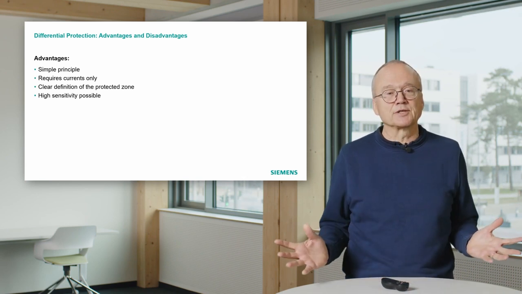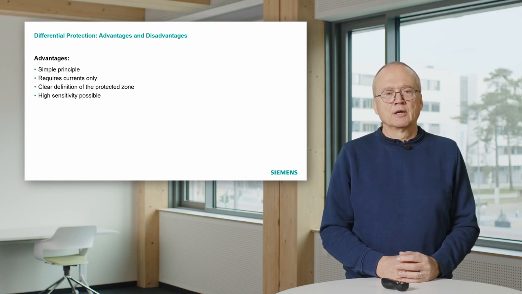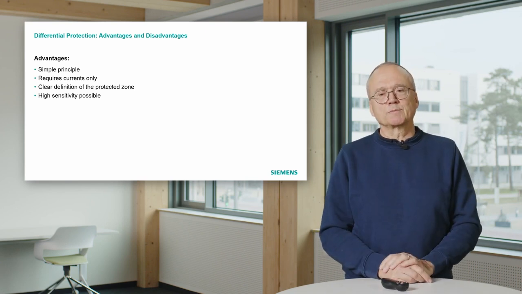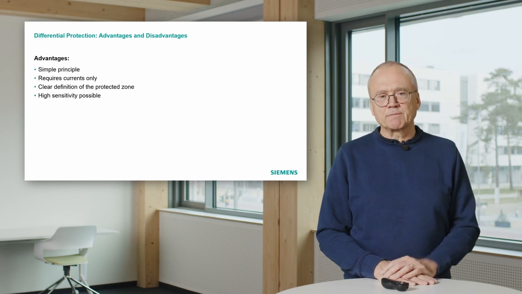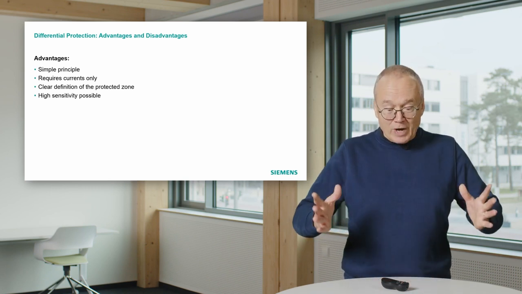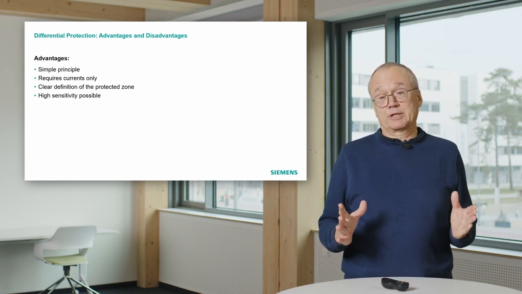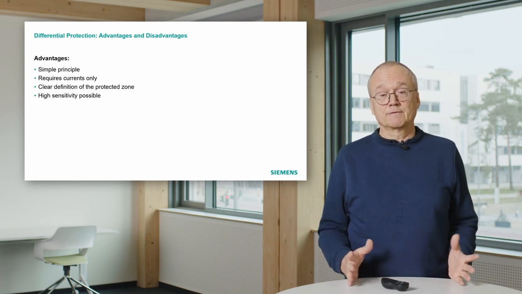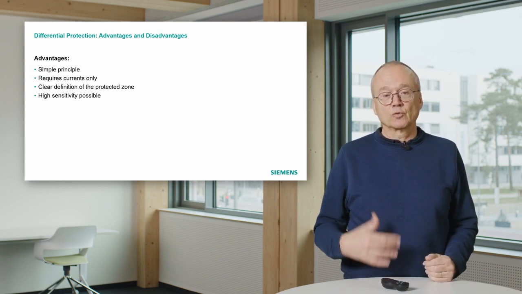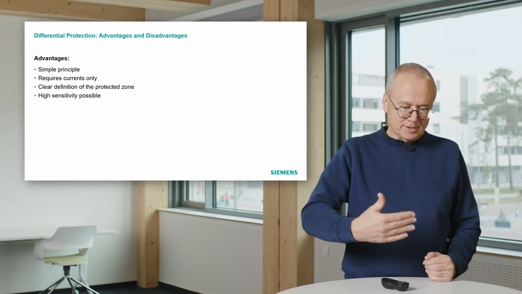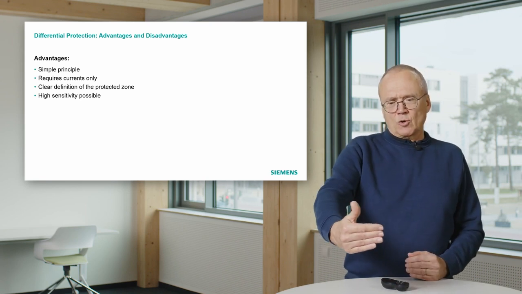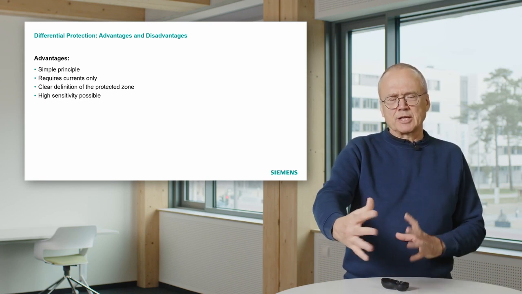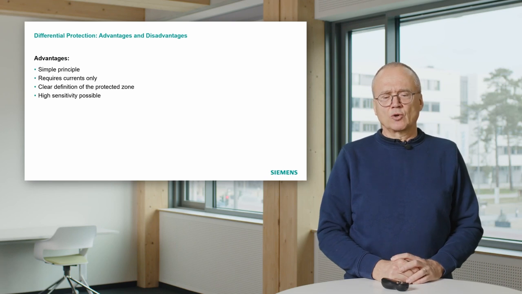What is the advantage? It's a very simple principle. No complicated algorithms for impedance measurement. We just measure the currents. We have a clear definition of the protected zone. That is really a nice feature. Remember this discussion for distance protection about how long is the reach of the zone, it's influenced by measurement errors and so on.